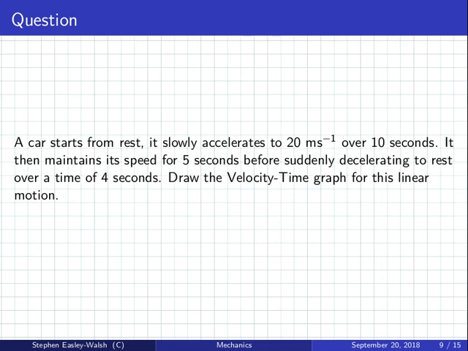We need to label the axes, right? Huh? We need to label it. Oh yeah. Okay, have we drawn this?